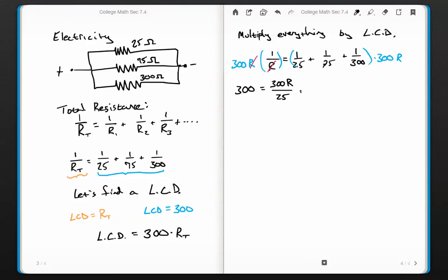Right? Plus 300r over 75 plus 300r over 300. Well, this cancels out too. There's some stuff over here. 300 divided by 25. What is that?